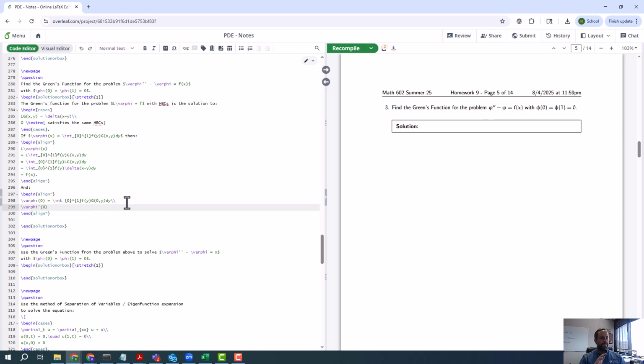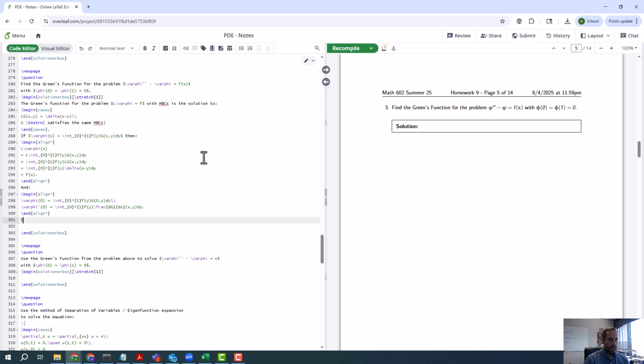Remember, for the Dirichlet boundary conditions we only have information on phi of 0, for the Neumann only on phi prime of 0, but the Robin conditions combine these: a phi of 0 plus b phi prime of 0. Well, it's the derivative in the x variable, so it's the integral from 0 to 1 of f of y dg/dx of x comma y dy.